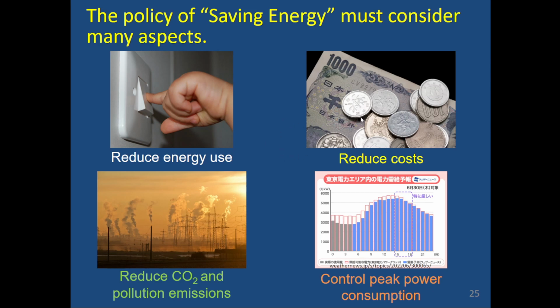But as you know, it's not just money. We are also worried about reducing CO2 and pollution emissions, so for the environment. And then a little more difficult topic is controlling the peak power consumption.